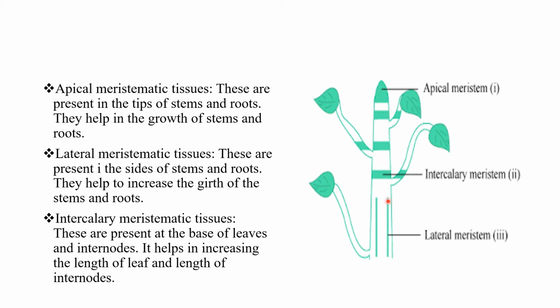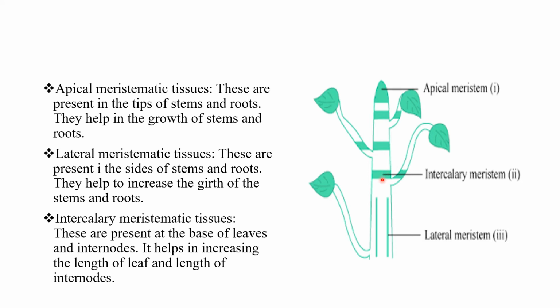You can see here, this is present in the sides of the stems and roots. Lateral meristem mostly helps to increase the girth of the stem and root, or we can say the width of the stem and root increases. Then third one, intercalary meristem, it is found in the base of the leaves and internodes.